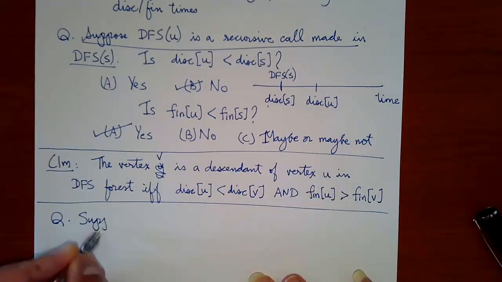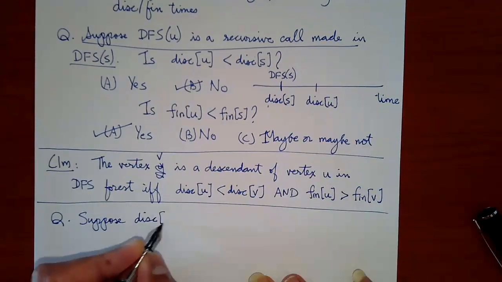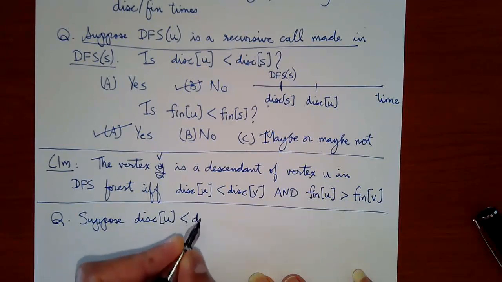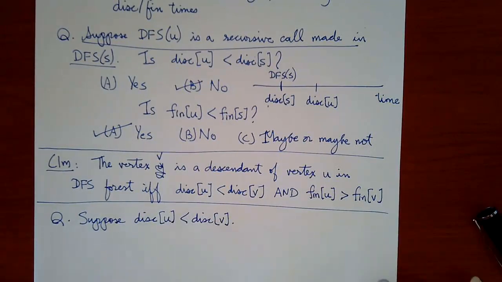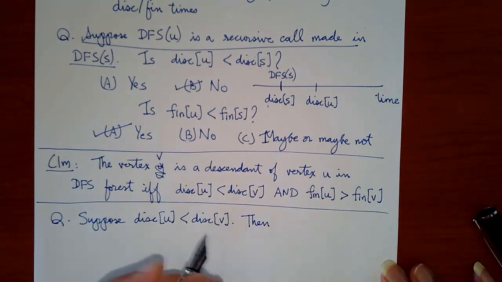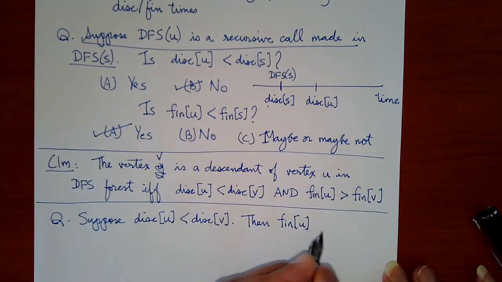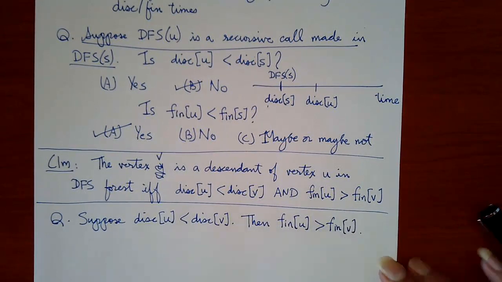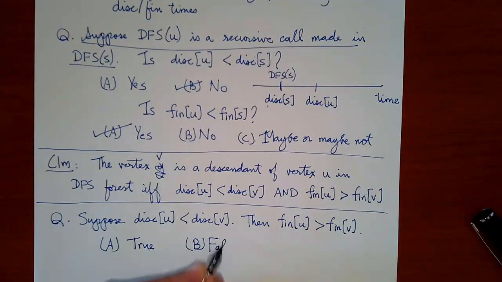Suppose the discovery of U is less than the discovery of V. Then the finish of U is greater than the finish time of V. True or false?